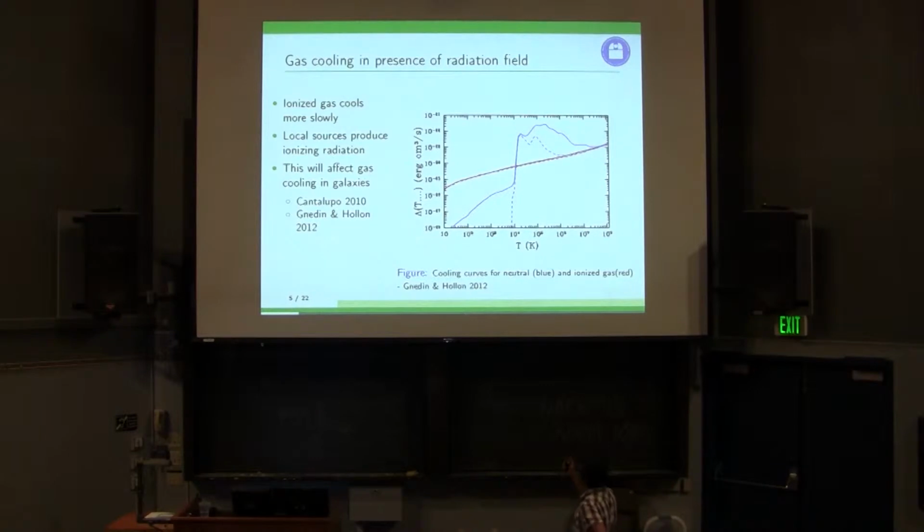If you look at just neutral gas, the blue curve is the cooling rate. If you look at fully ionized gas, the red curve is the cooling rate. You have about 2 orders of magnitude difference at particular temperatures in the gas cooling rate. Sebastiano Cantalupo, who's here, and Gnedin and Hollon showed that this can have quite a big effect in galaxy formation.